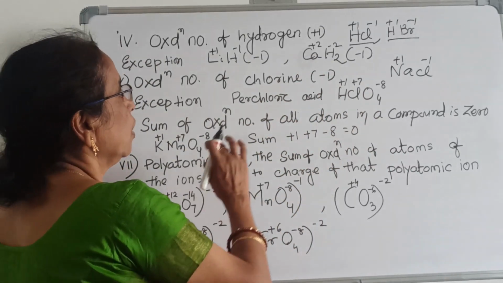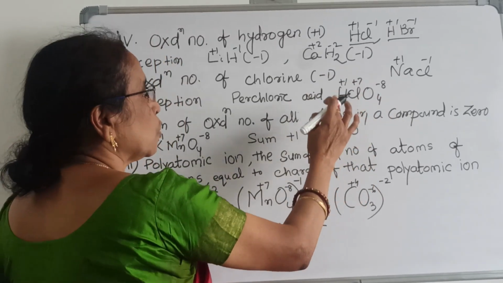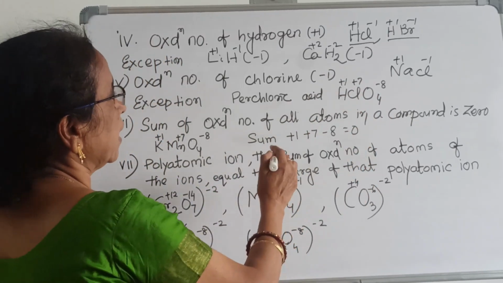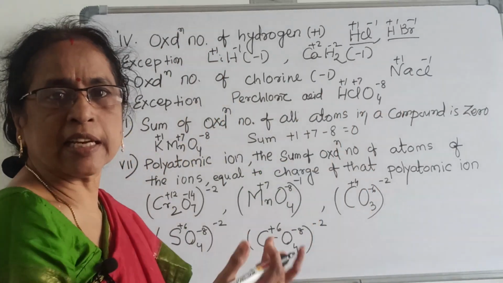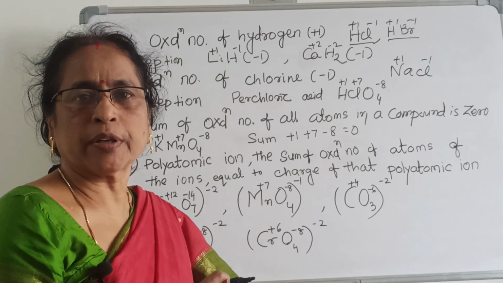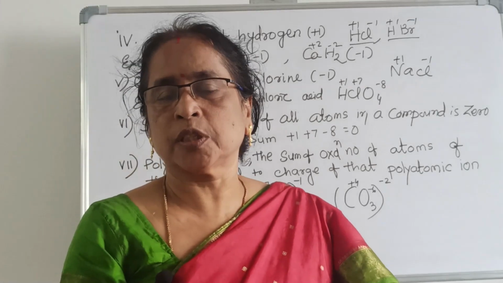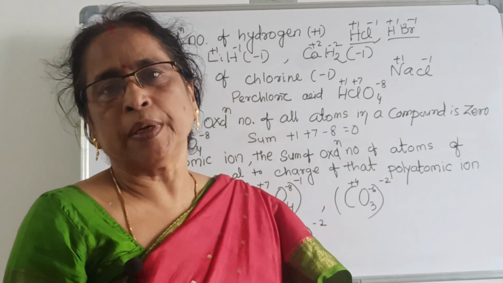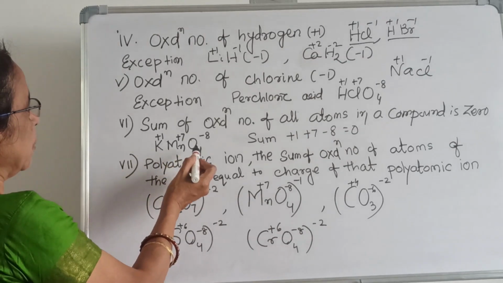That is plus 1 plus 7 plus 8... plus 1 plus 7 minus 8 equals 0. So it is very important to remember that the sum of all the oxidation numbers of atoms in a compound should be 0.